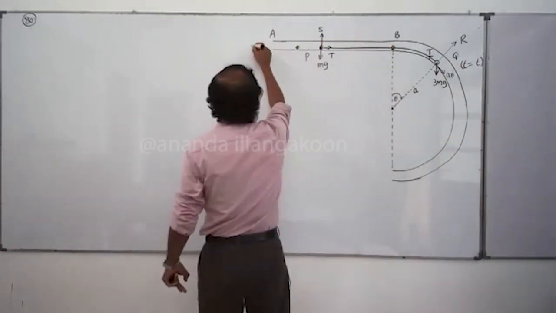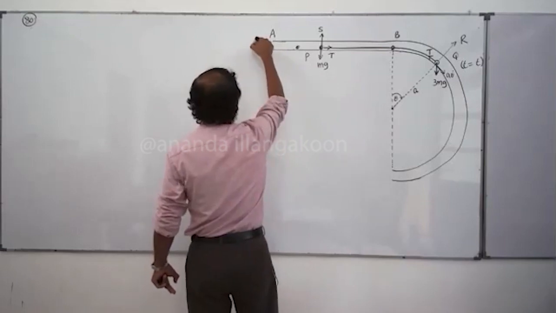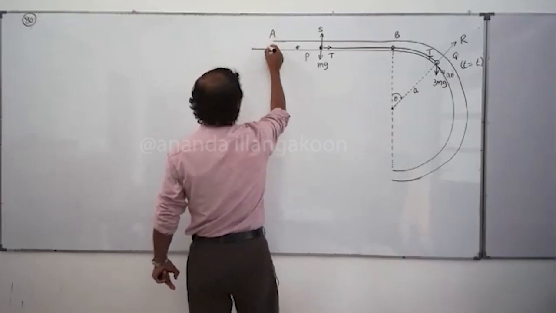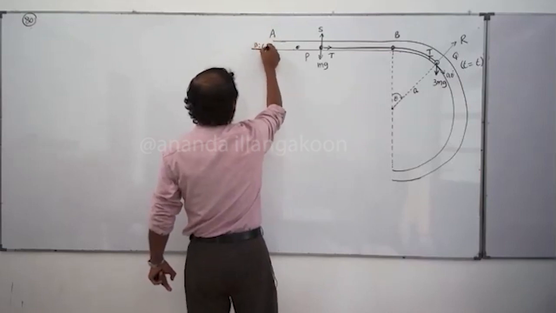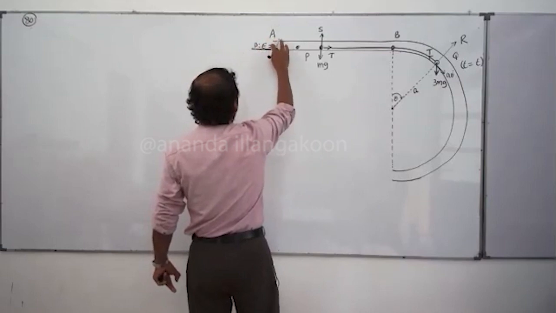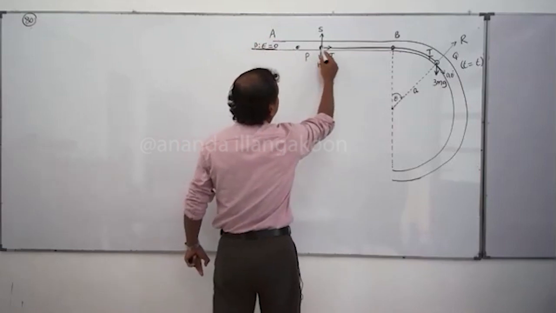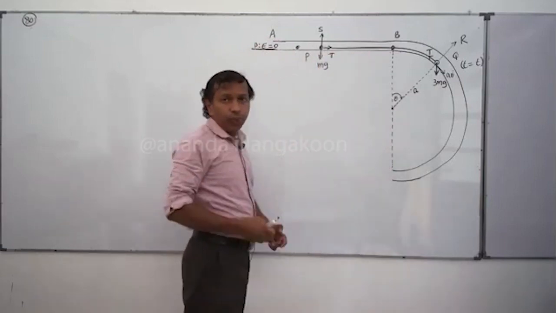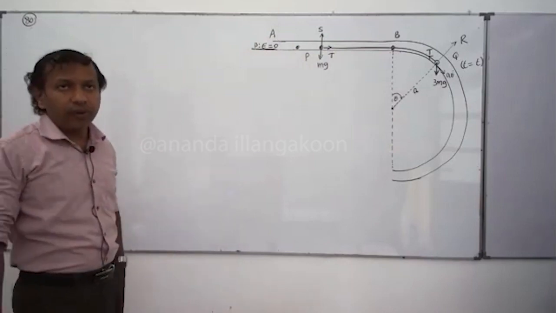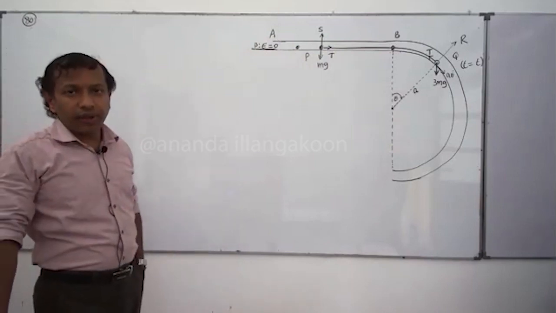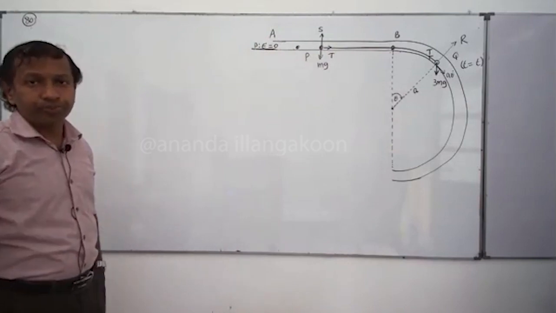If I take this level as the potential energy 0 level, initially both P and Q have no energy. They were at rest initially and they lie at the level of potential energy 0.